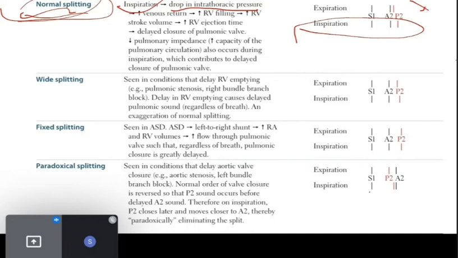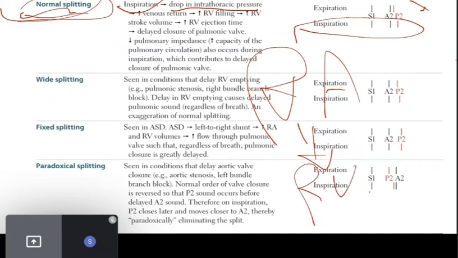And when we say more blood comes to the right side of the heart, more volume in the right atrium, so more blood will go to the right ventricle, and so more blood will go through the pulmonary valve.